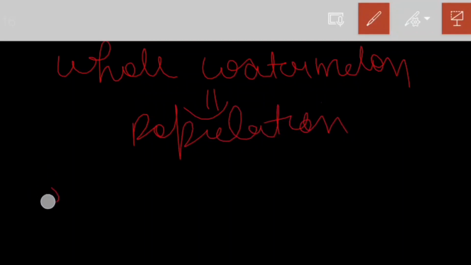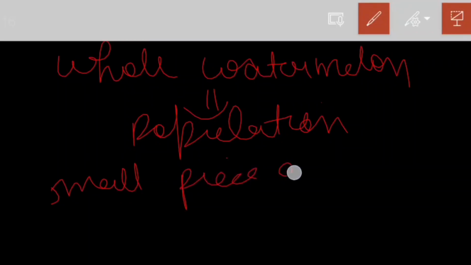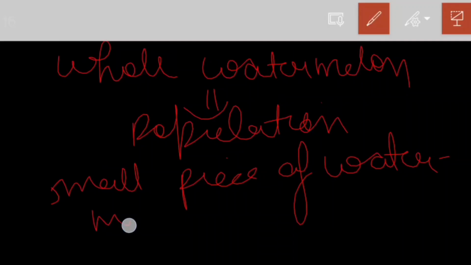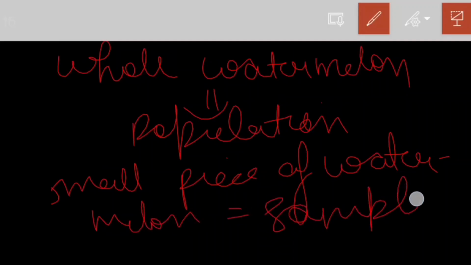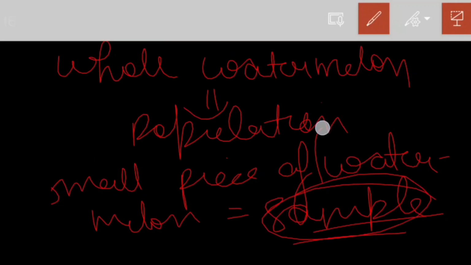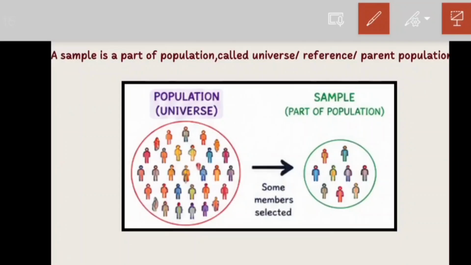And a small piece of watermelon, this is the sample. So the sample comes from the population. Here the population is this, and the sample is a part of the population. Easy, right? I hope you are not confusing population and sample.